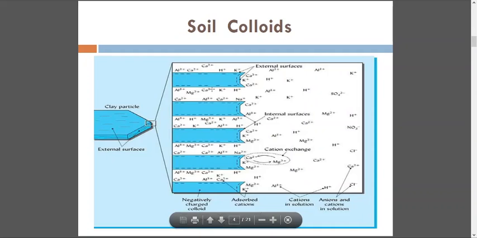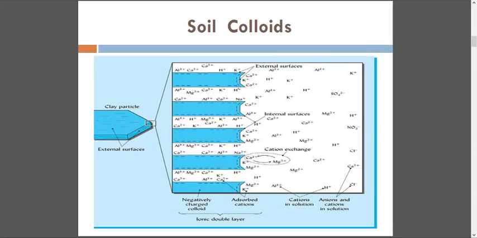What we see here is a typical structure of a soil colloid zoomed in. We see the internal surfaces being these ones, and then we also see the external surfaces being these.